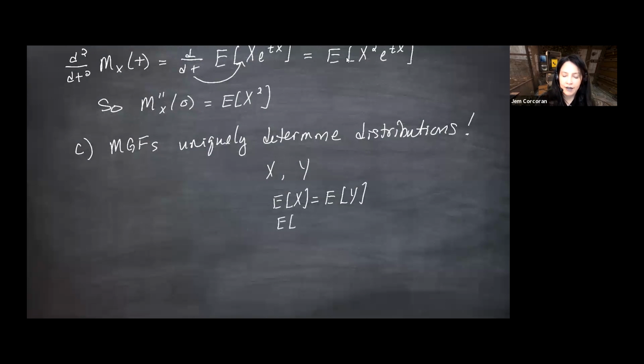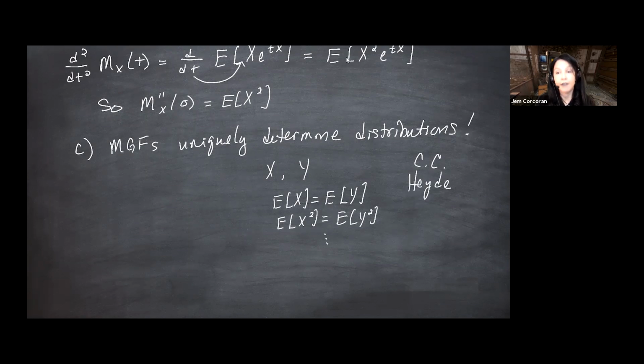And if they both have the same second moment, that also doesn't mean they have the same distribution. And in fact, they could have infinite matching moments. I put an example in the notes due to, I don't know how you say his name, C.C. Heyde. There's an example in my notes of two random variables with infinite matching moments, but that still doesn't mean that the distributions are the same.